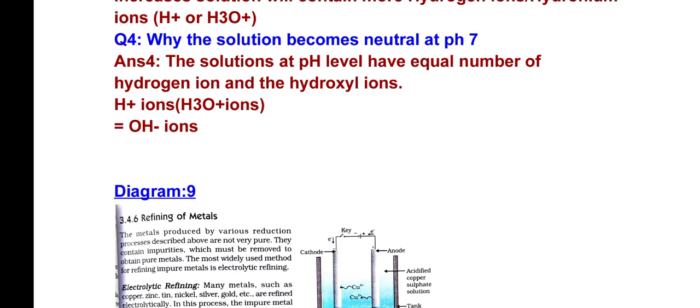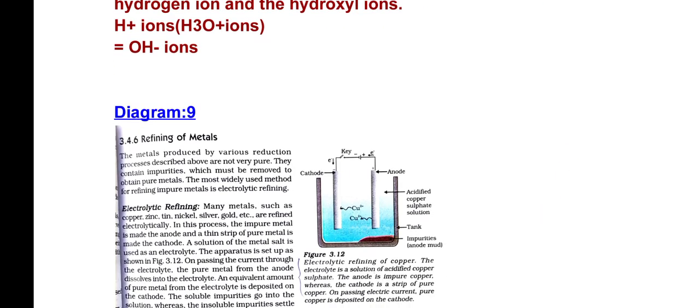H plus or H3O plus hydronium ion is the same. Both will be present more in the acidic solutions, so the pH will be less for acidic solutions. Hydrogen ions fall in the basic solutions, so the pH value increases in the basic solutions.